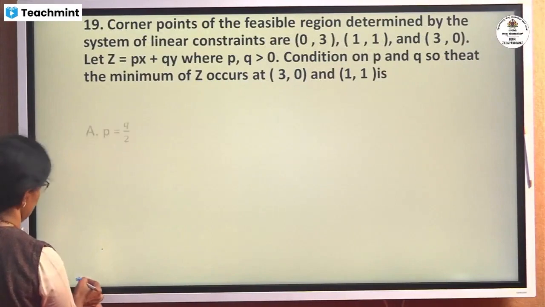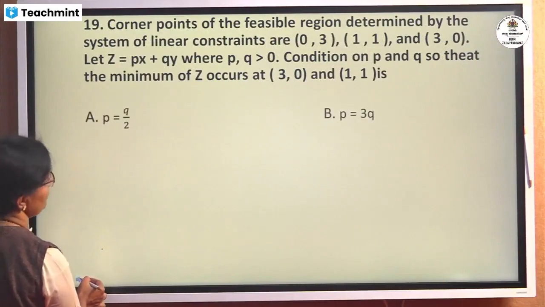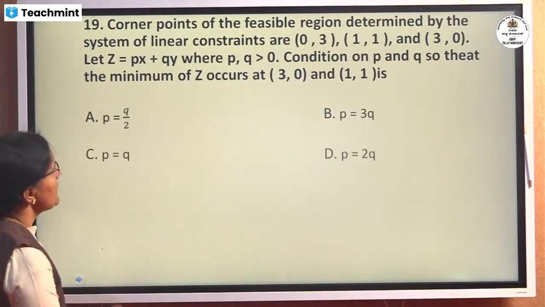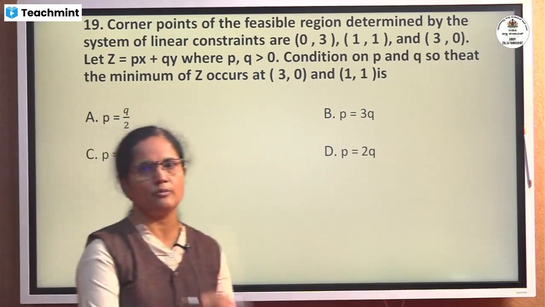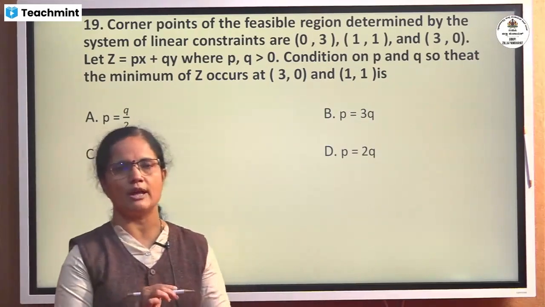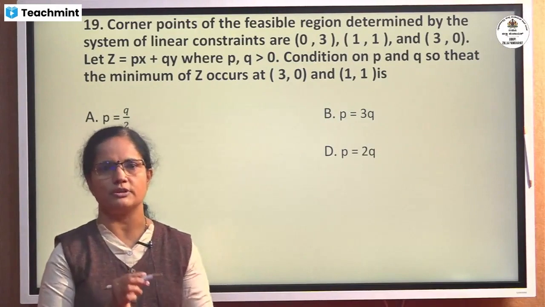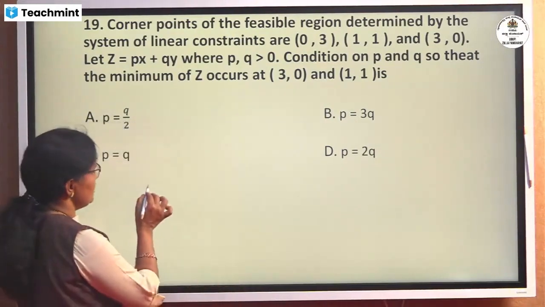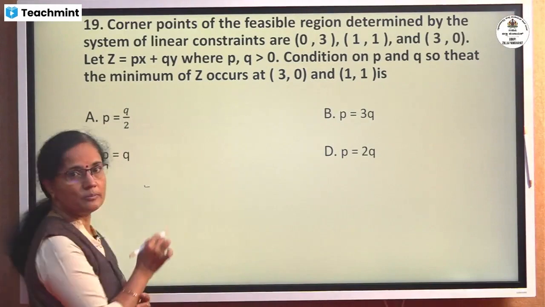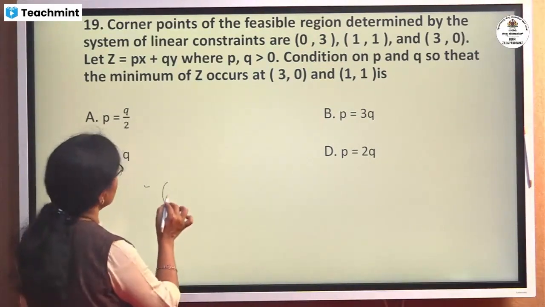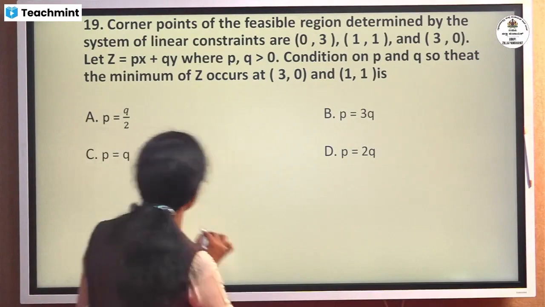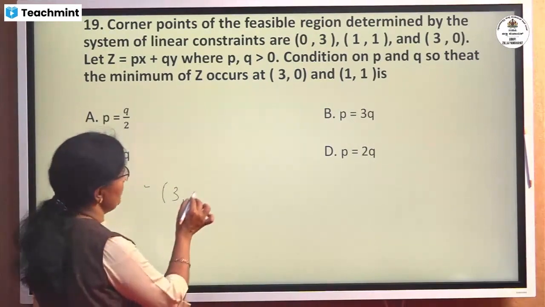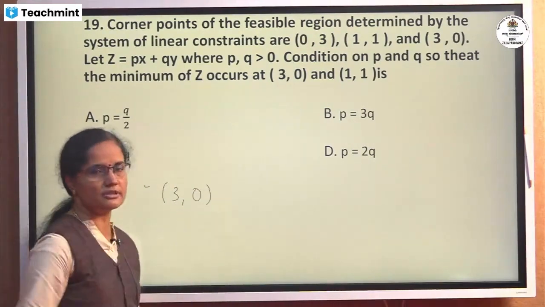That is the question which occurs always for the annual exam also. So here the minimum value will be attained at 2 points, 3, 0 and 1, 1. So the objective function is Px plus Qy. I will take the first point, 3, 0, at which the function is minimum.